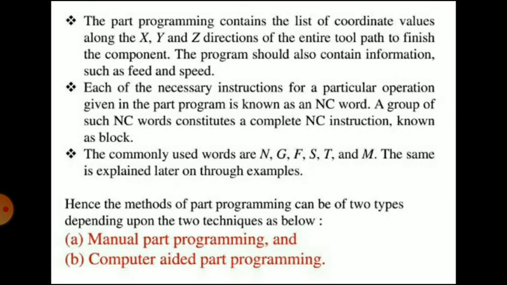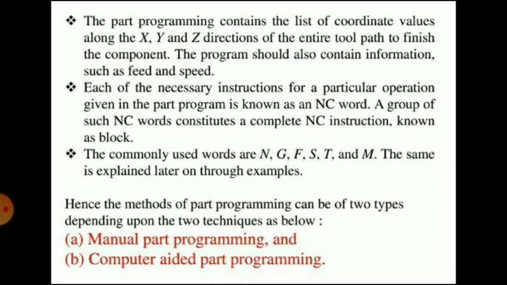The part program contains the list of coordinate values along the x, y, and z directions of the entire tool path to finish the component. The program should also contain information such as feed and speed. Each of the necessary instructions for a particular operation given in the part program is known as an NC word.